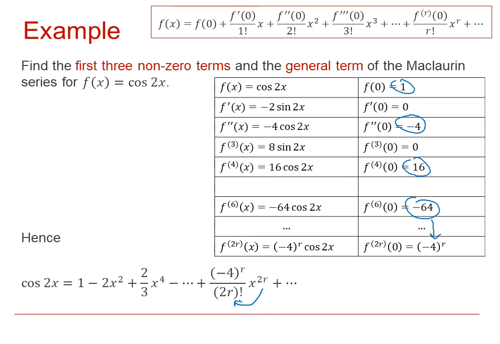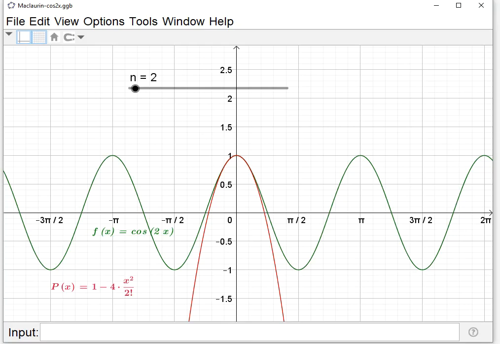We can now look at the effect of extending this polynomial approximation using a GeoGebra file. So here n is 2, so this is representing a quadratic approximation for cos 2x. So the green graph is cos 2x and the red one is our quadratic approximation.